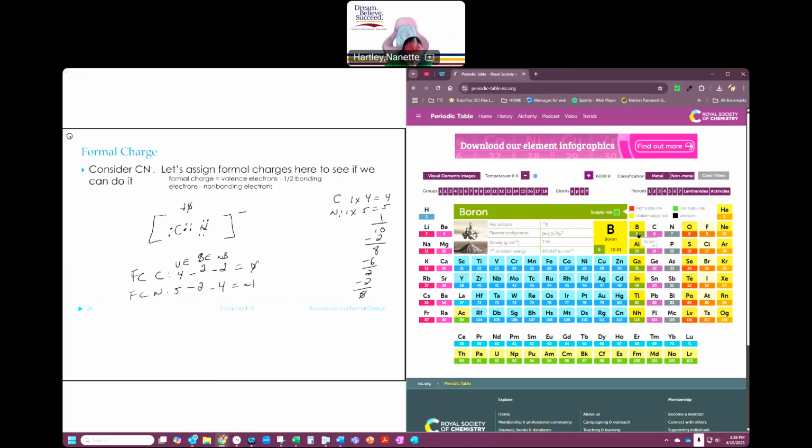And so what I'm thinking we're going to do is to see if we can minimize this a little bit more. So what I'm going to do is move another pair. I'm going to move one more pair so that I can make another bond. So I'm going to put another pair in here. And I'm actually going to take and move both of these so that that goes like that, just for aesthetic reasons.